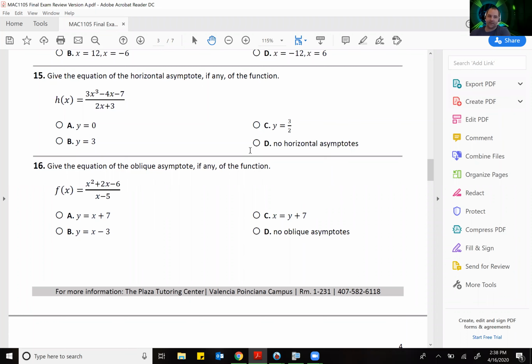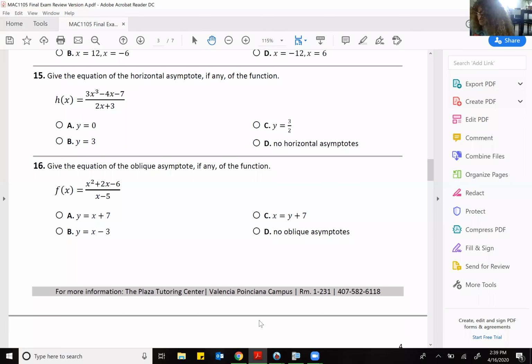16 is going to be just like what we did. We got to look at those degrees again. It's just a different function. So f of x, and we want to know about the oblique. F of x equals x squared plus 2x minus 6 all over x minus 5. Again, we look at the numerator degree and the denominator degree.